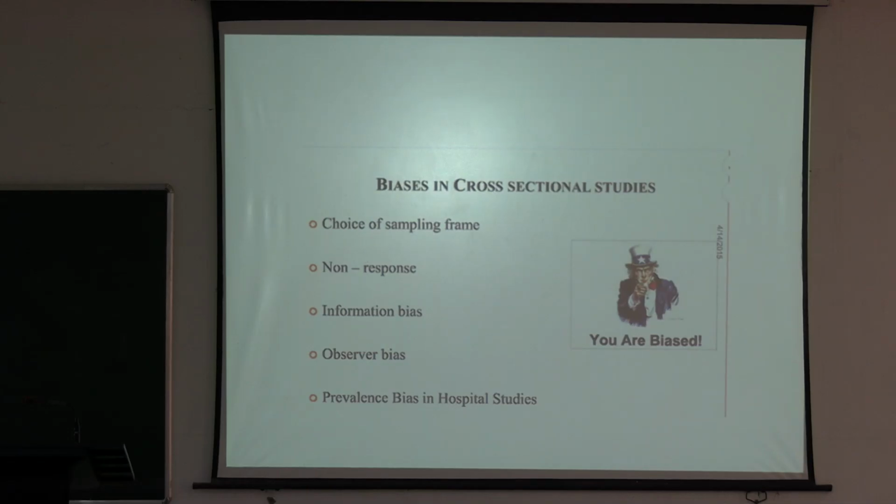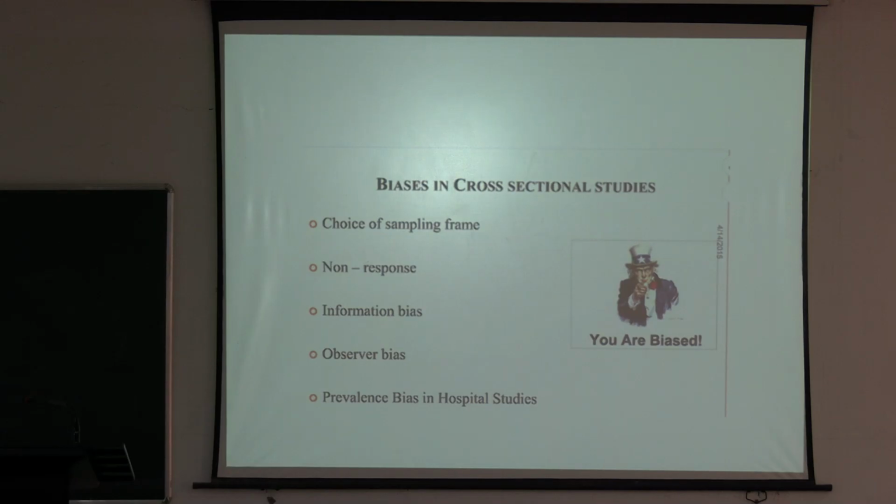For example, you are seeing a person who is always asleep on duty, but once he sees you, he suddenly opens his eyes: I'm awake. That is observer bias. And the last one is prevalence bias in hospital studies. Who are the people who come to hospital? They are obviously suffering from some illness. But when you take another group, we'll talk about this in detail next class.